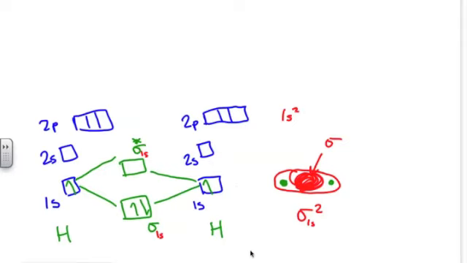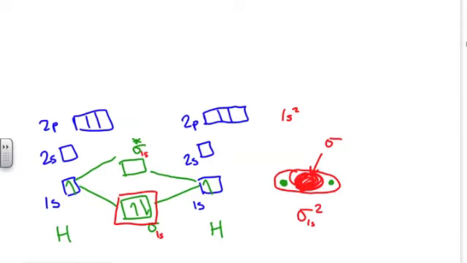So this is for hydrogen. Notice how they started with this energy level and contributed electrons, which ended up lower at this energy level. So this is favorable for hydrogen to form this bond, because it ends up at a lower potential energy than when they started, when they were alone.